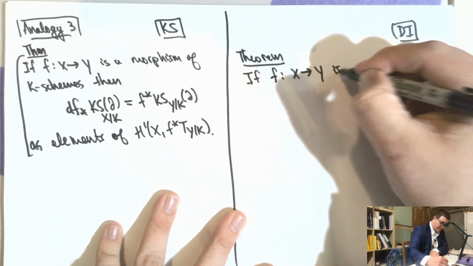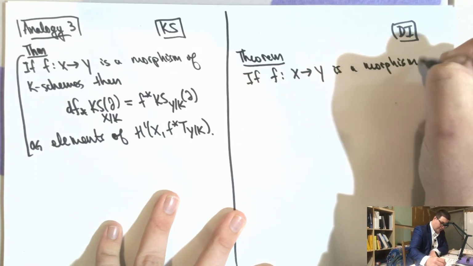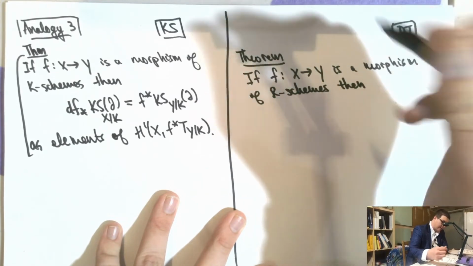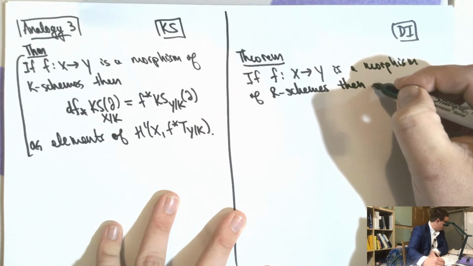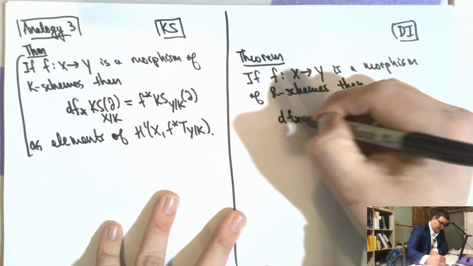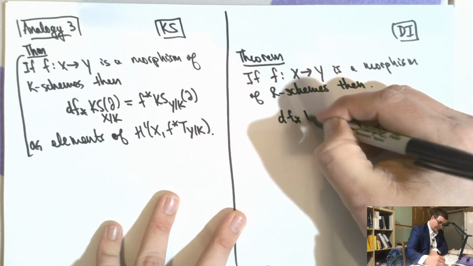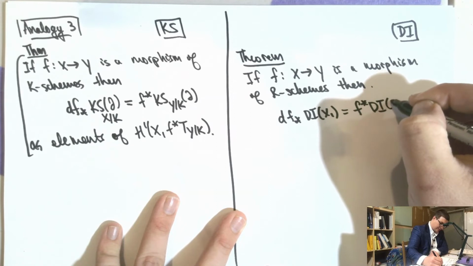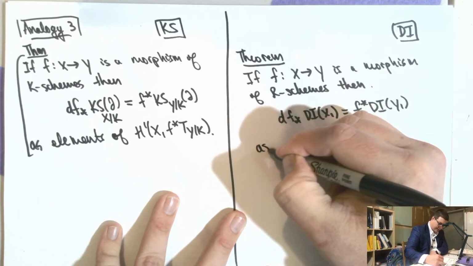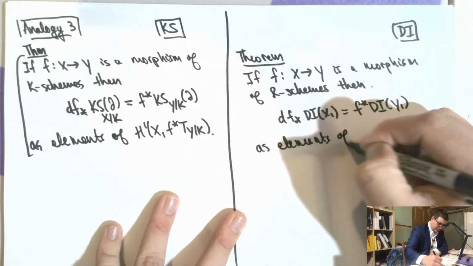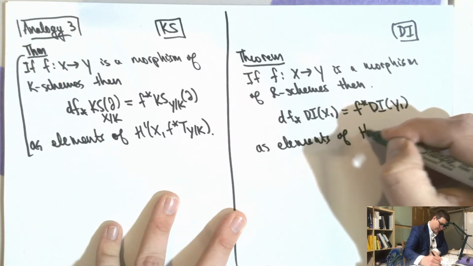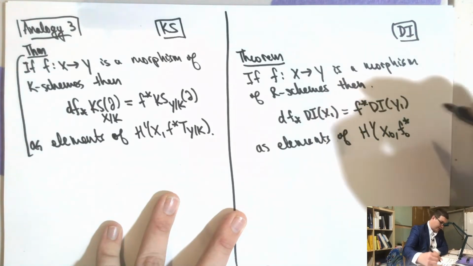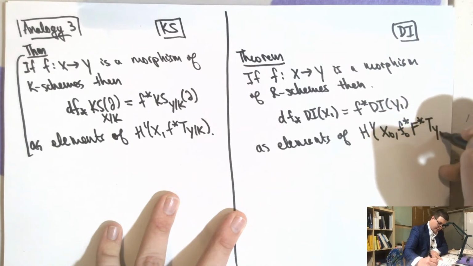X to Y is a morphism of R schemes, then let's say R is Z_p unramified completed, or one of those extensions, then df star of the Deligne-Illusie class of X1 is the pullback of the Deligne-Illusie class of Y1, as elements of H1(X0, then we pull back, I guess, with the reduction mod p of f star of T of Y0).